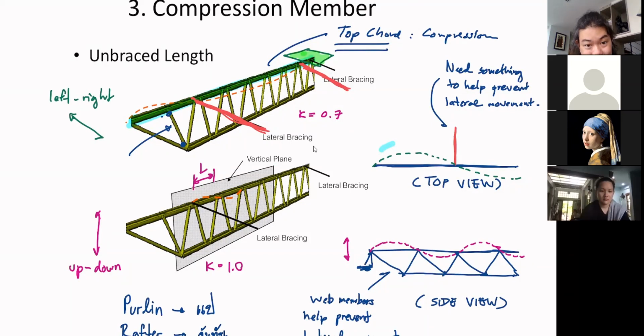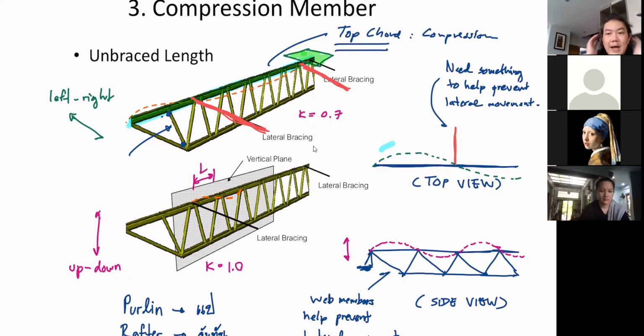As the unbraced length gets longer, your member becomes more slender, and therefore it buckles more easily in that respective axis, and therefore has less load carrying capacity.